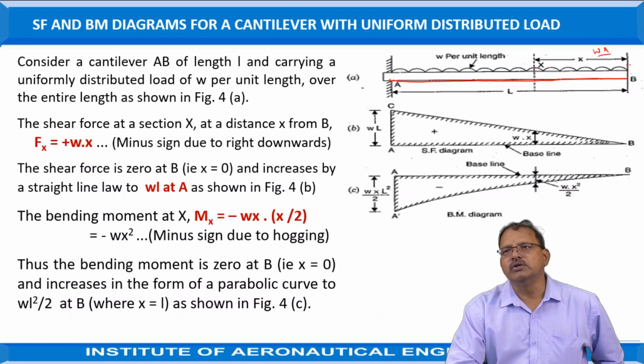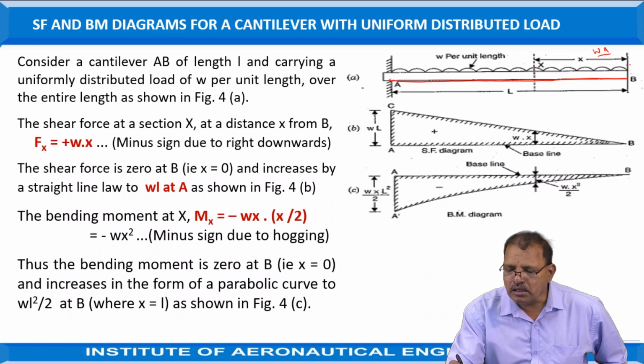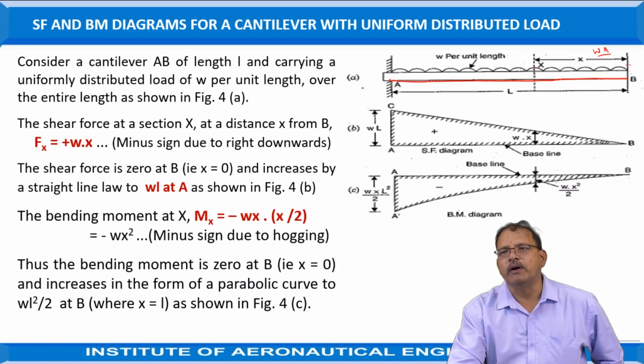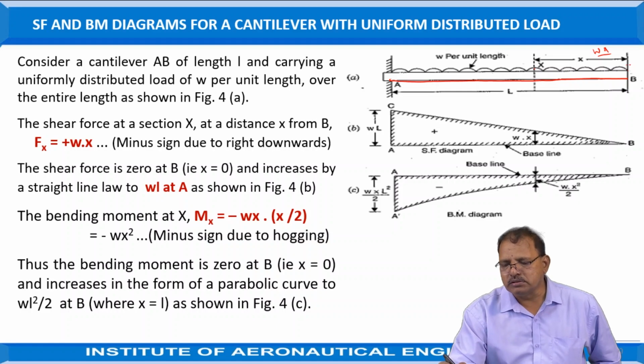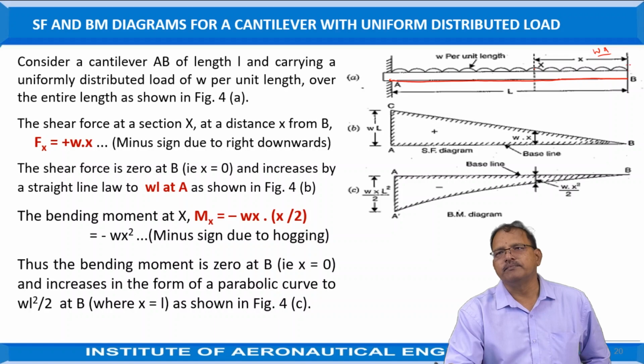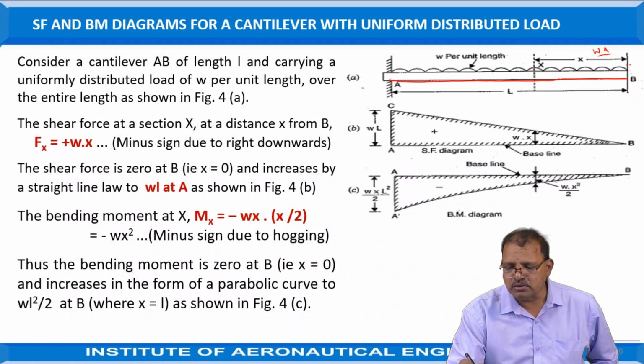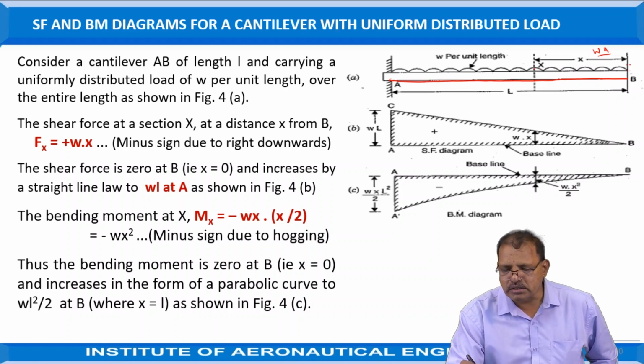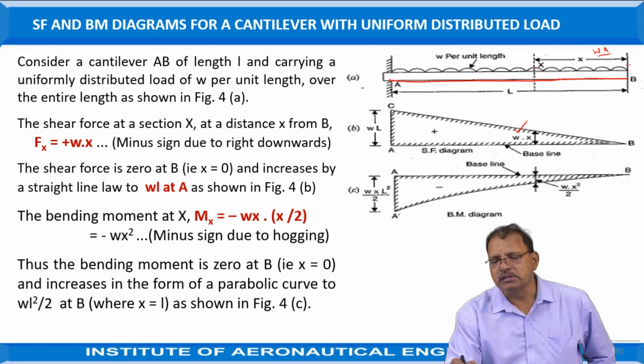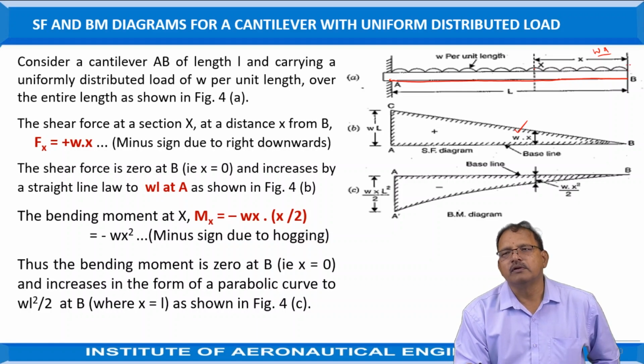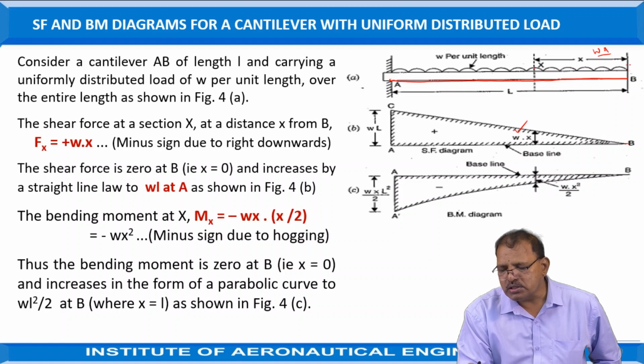When x is equal to 0, that point is B. Hence at B the shear force is equal to 0. At x, the shear force is equal to w into x. It changes along an inclined straight line like this.